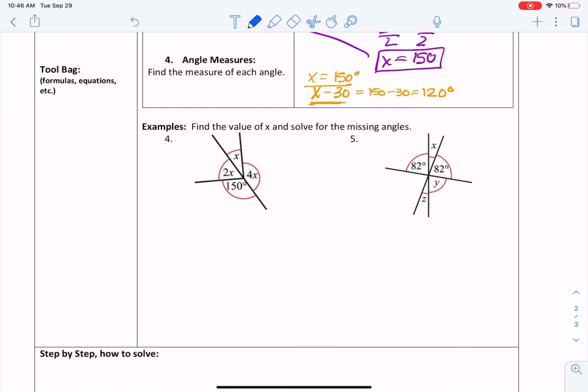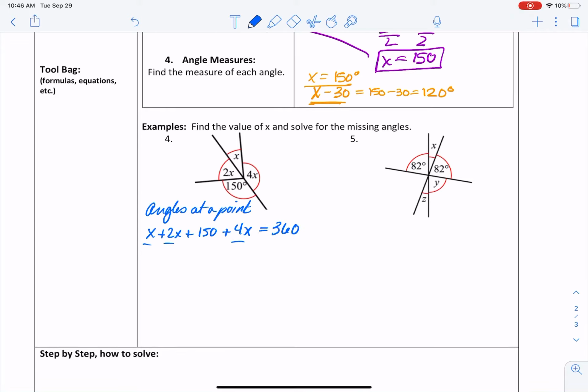A couple more examples. So, justification first, angles at a point. That means I can write the equation x plus 2x plus 150 plus 4x equals 360.